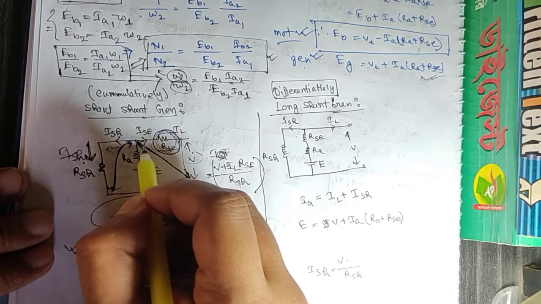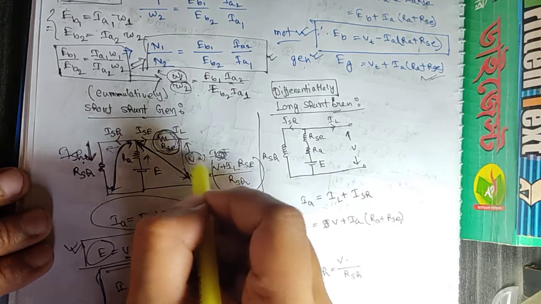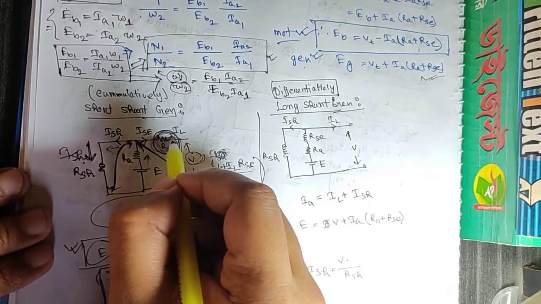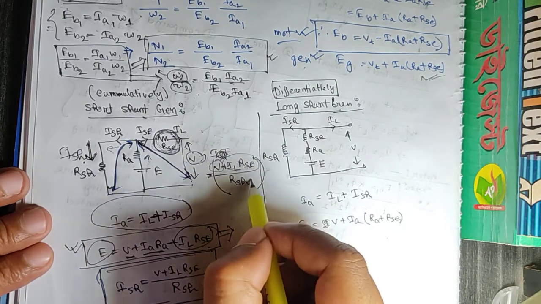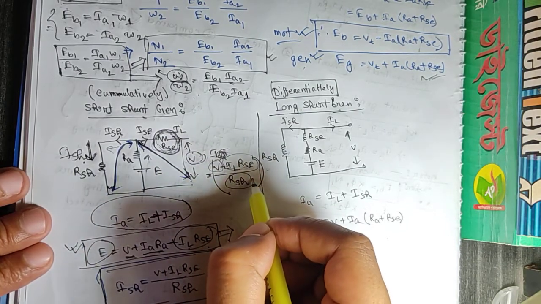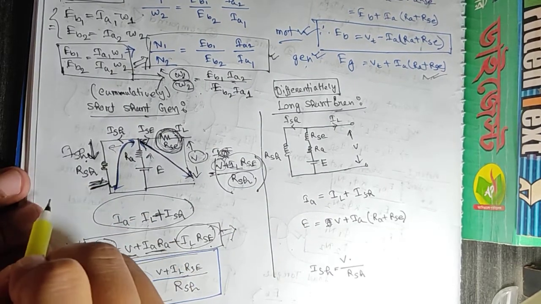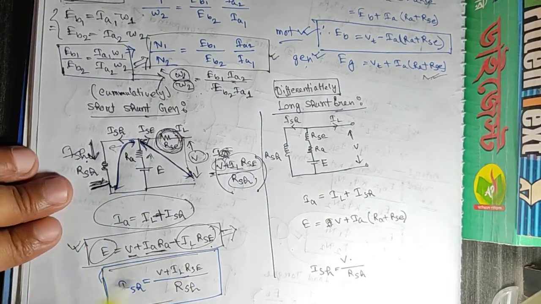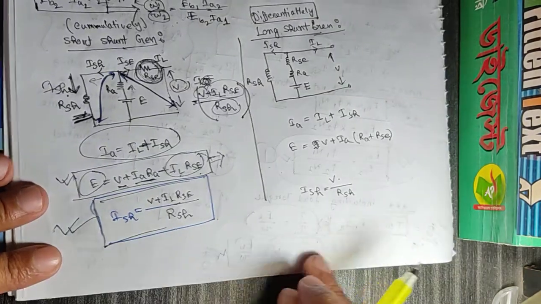So the voltage is the total drop in here, terminal voltage plus series drop, divided by the shunt resistance or field winding. Okay, I have also written here, you can see this equation.